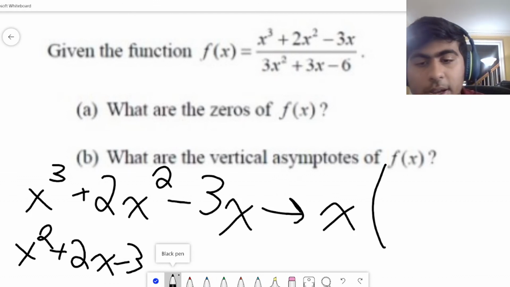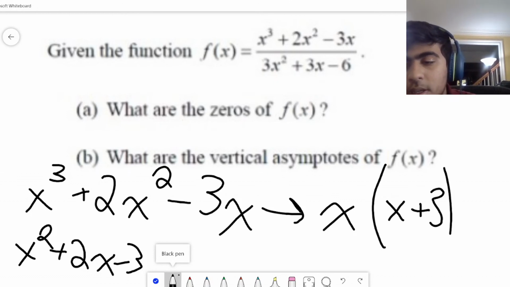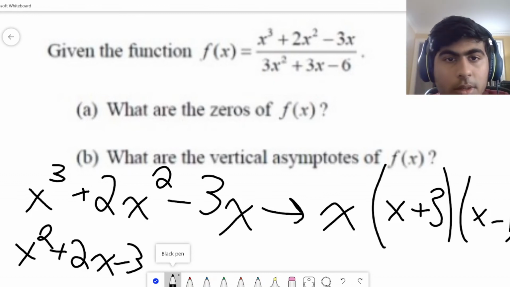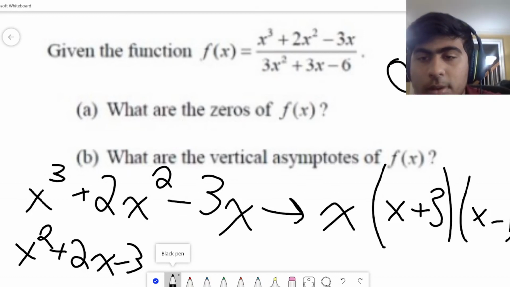Now, that can be factored as x plus 3 times x minus 1. So when any of these terms is 0, numerator is 0. So our zeros are 0, minus 3, and 1.